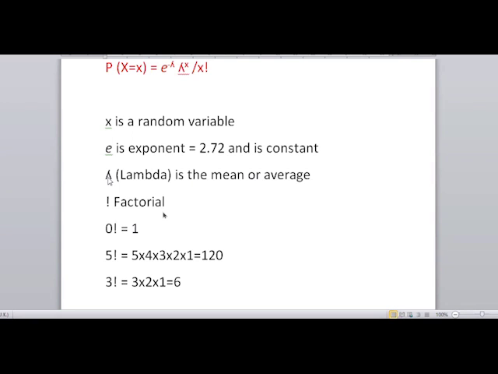This symbol, that's lambda, or an average or a mean. And the last one is the factorial. So you can have 0 factorial, 1 factorial, 2 factorial, and so on.